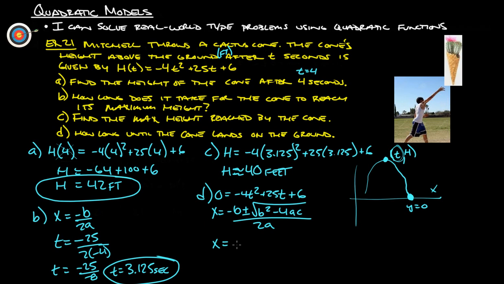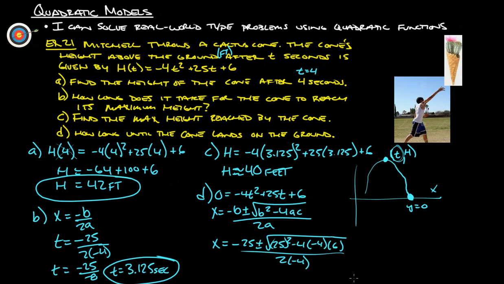X equals negative, here's our b, negative 25 plus or minus the square root of 25 squared. That's a big one. Minus 4 times a, which is negative 4, times c, which is 6, all over 2 times our a, which is negative 4.